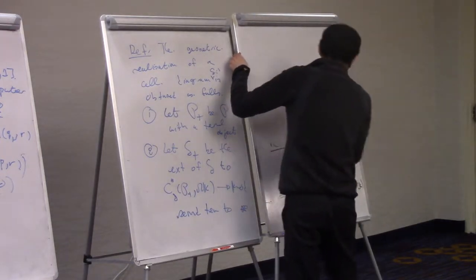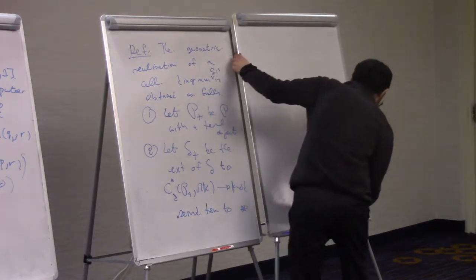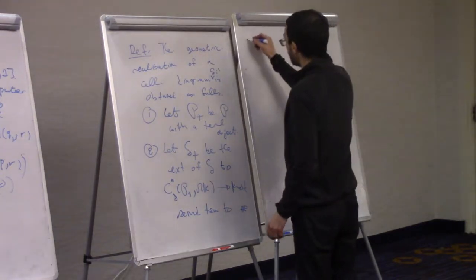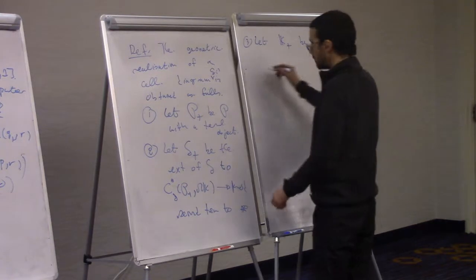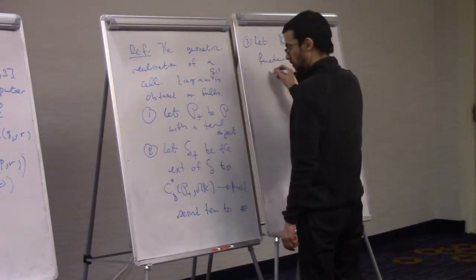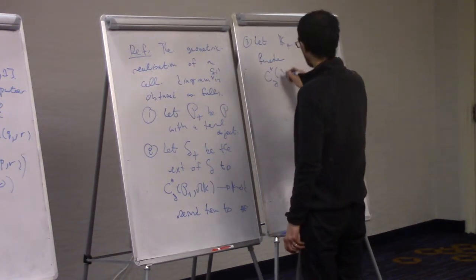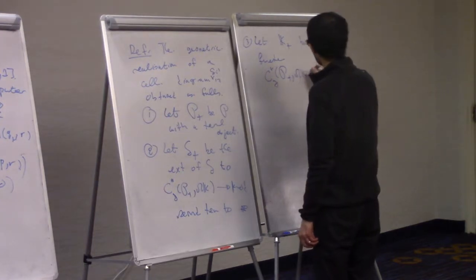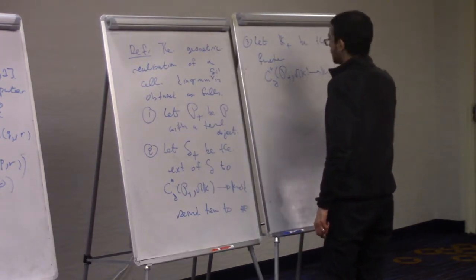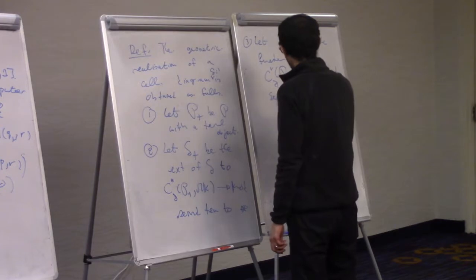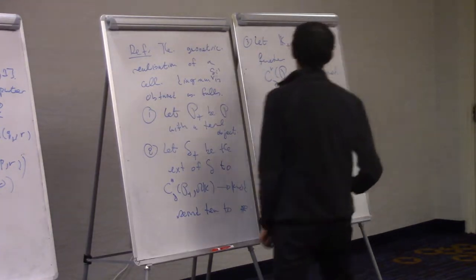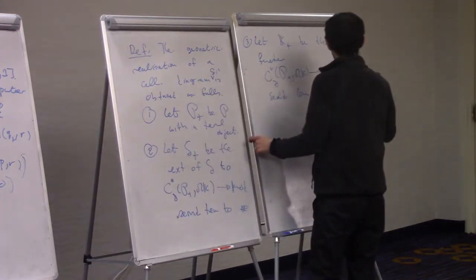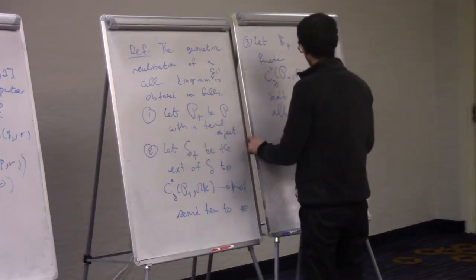Now finally, I want one more ingredient. Let k plus be the functor from cochain plus omega k to k mod, which sends the terminal object to k, and all others to 0.